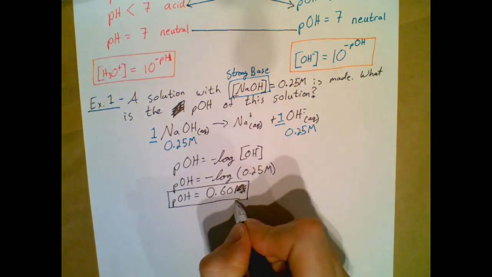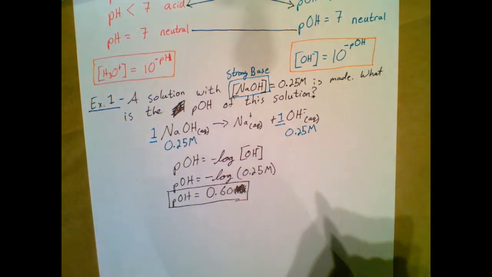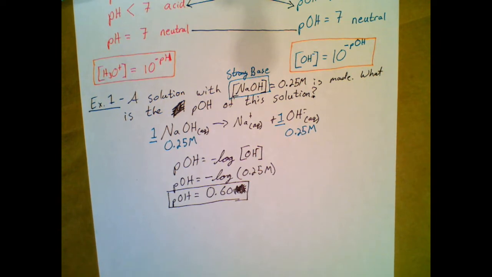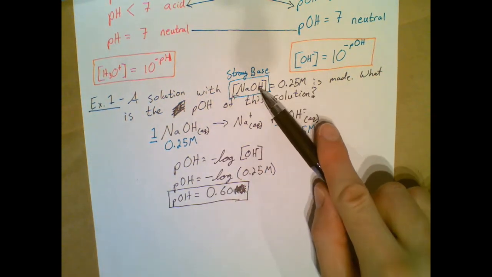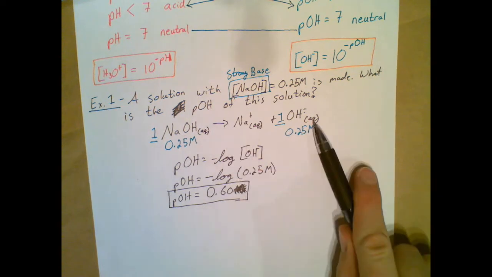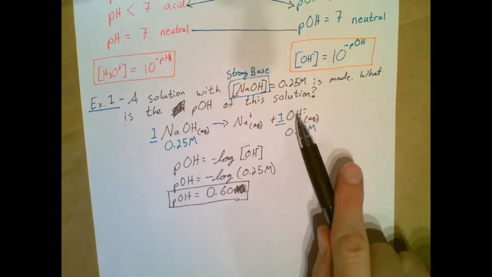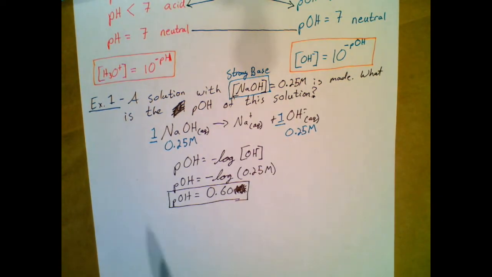Remember, there are no units when it comes to working with pH and pOH. So we end up with a pOH of 0.60. Okay? And all this was we identified that we were working with a strong base. We did stoichiometry to find our OH minus concentration, plugged it into our pOH formula.